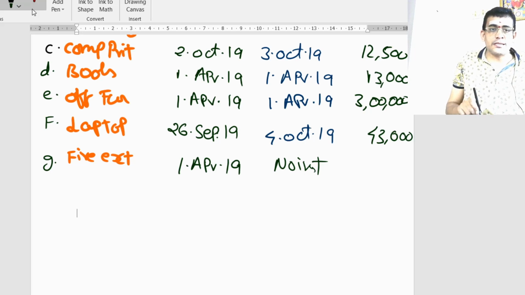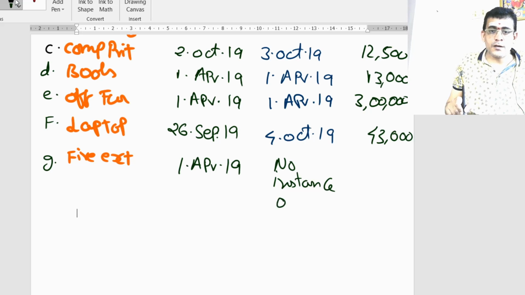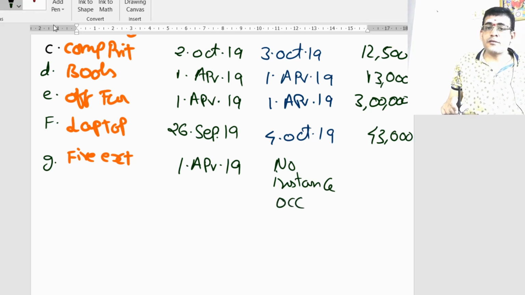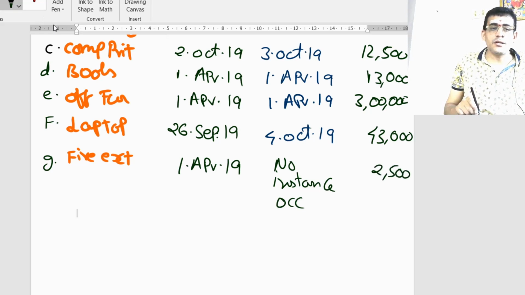So let us write this as no instance occurred during the financial year. The cost of the fire extinguisher is rupees 2,500.